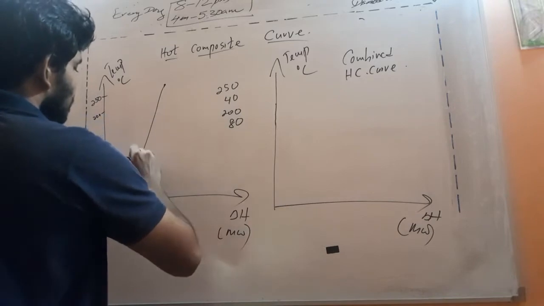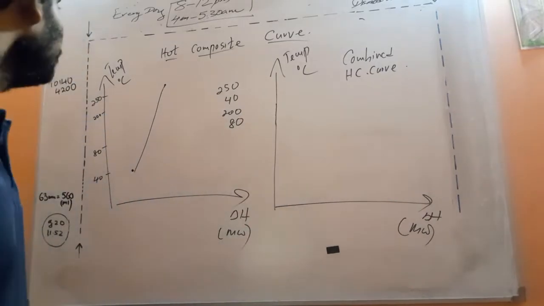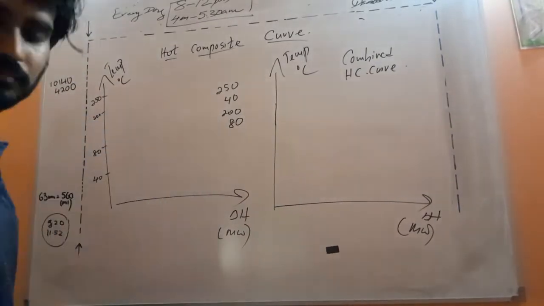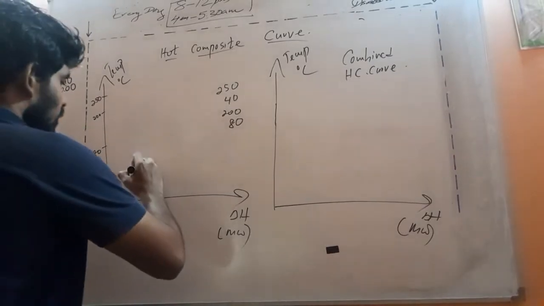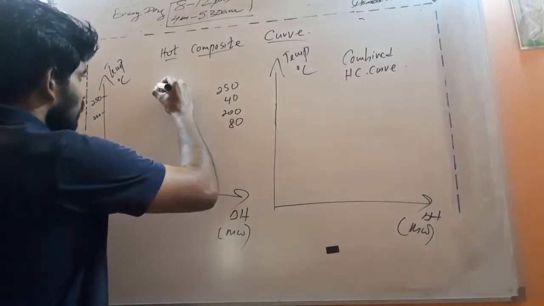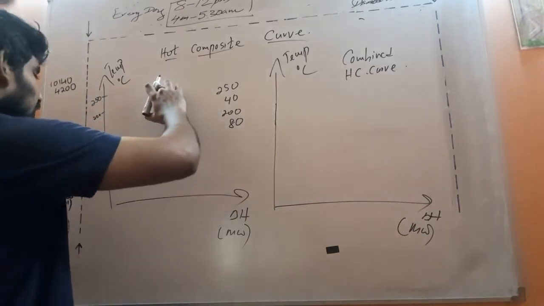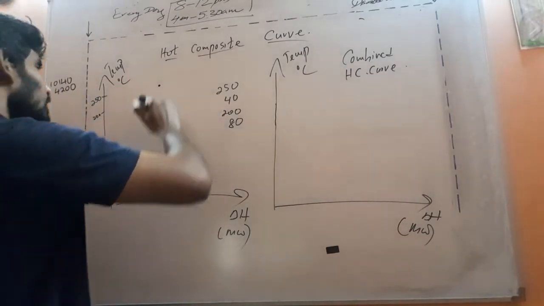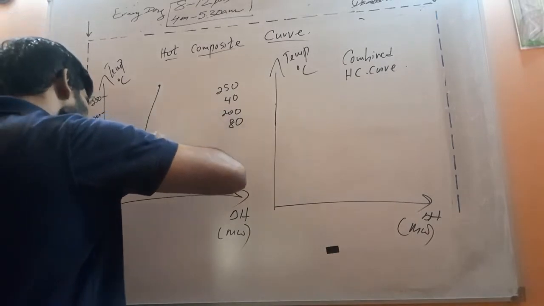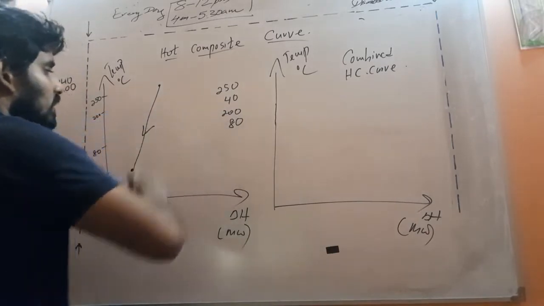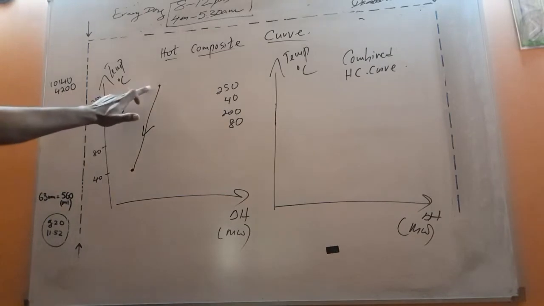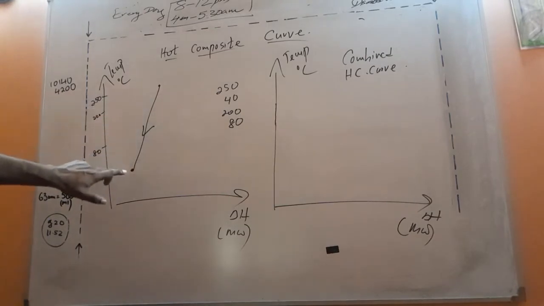Say something like this, a straight line. Supply 250 targeted to 40.